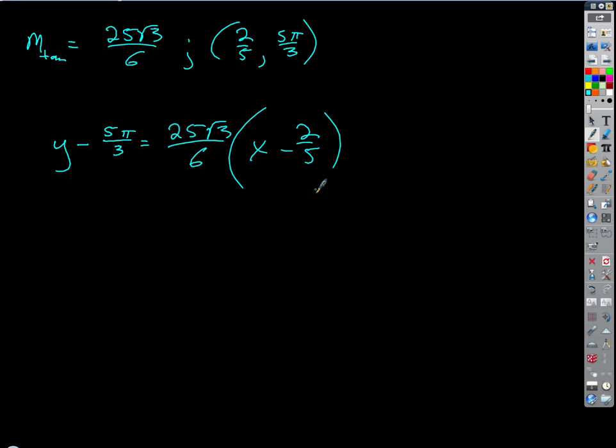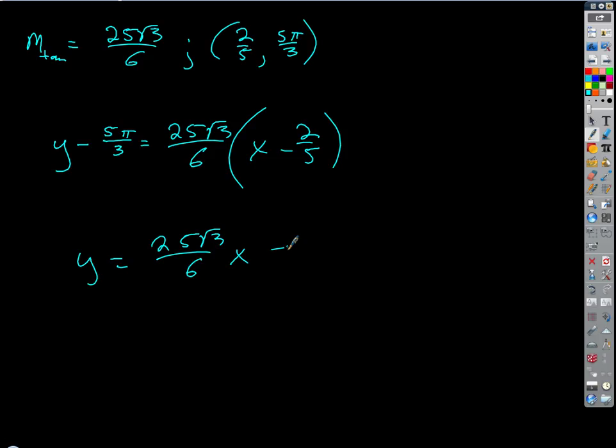And then we would just have to, God, that's gross. Yeah, it's kind of gross, isn't it? So y equals 25 radical 3 over 6 x minus, if I distribute this, there you go.